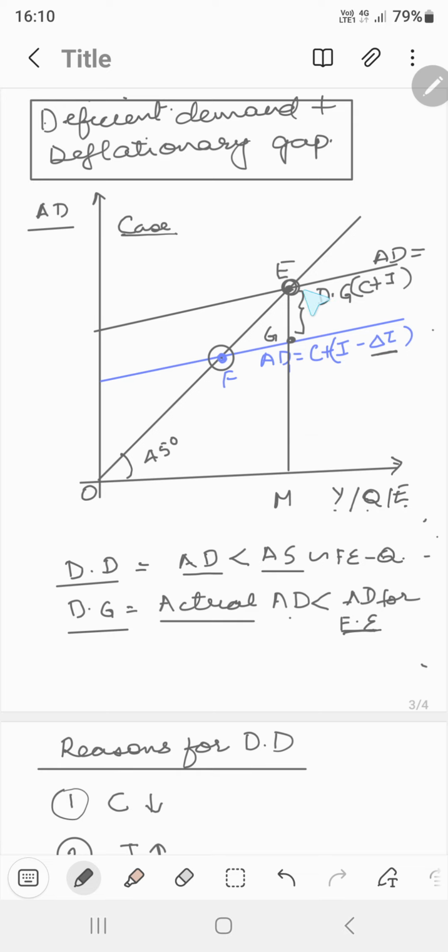But as we have studied just a minute ago, the original equilibrium, the full employment equilibrium, is at point E. Now, because of the decrease in I, the equilibrium has shifted to F. But F is not the full employment equilibrium. E is the full employment equilibrium. So the gap EG, which is caused because of change in I, is nothing but your deflationary gap.